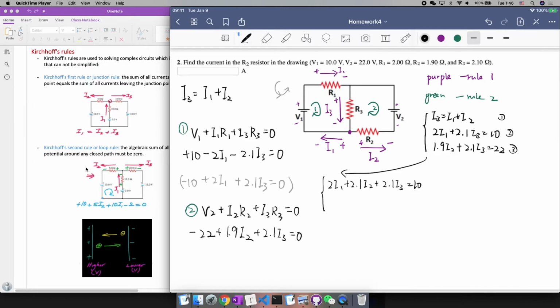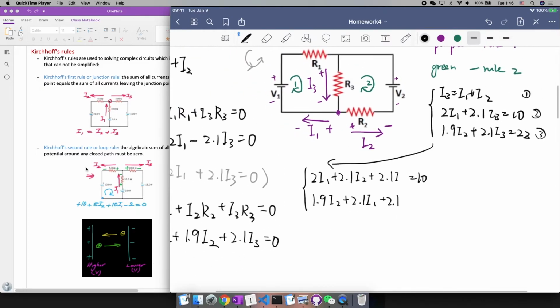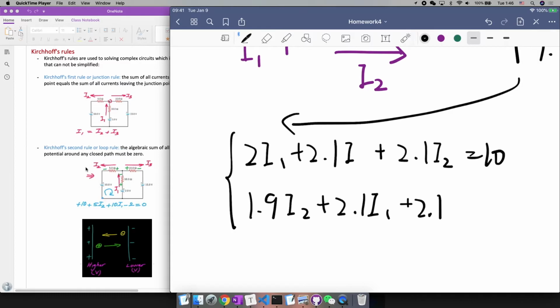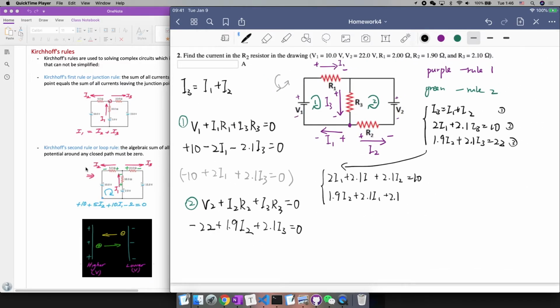And also for equation 3, we have... Wait, no, here. It's not I3, it's I2, right? Where did I... Okay, I'm already lost. I'm losing my mind now. So 2 times I1 plus 2.1 I1 plus 2.1 I2.